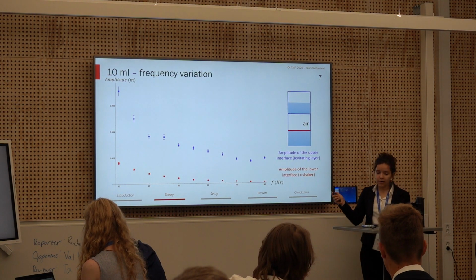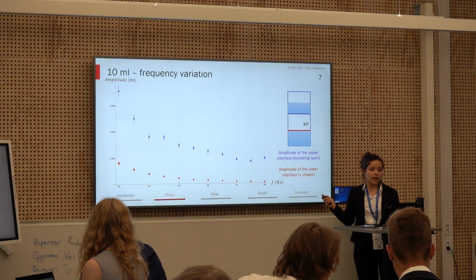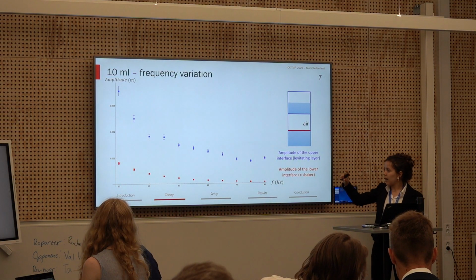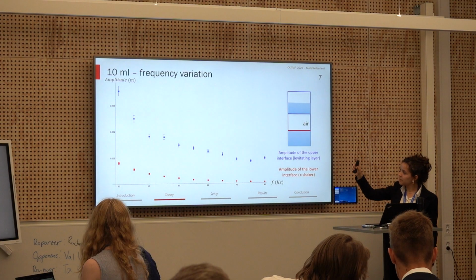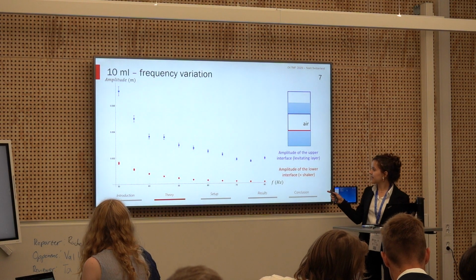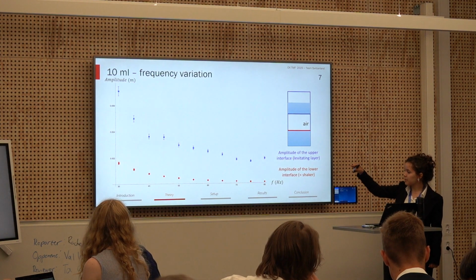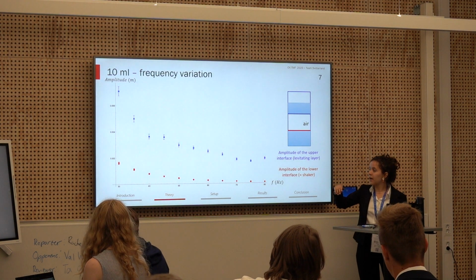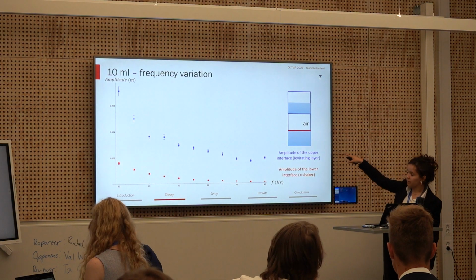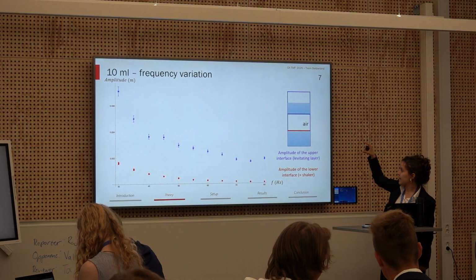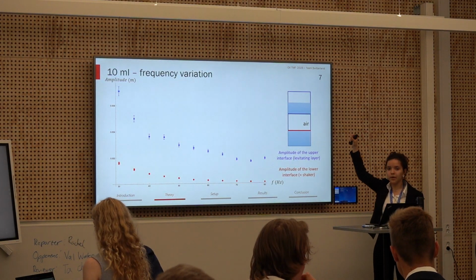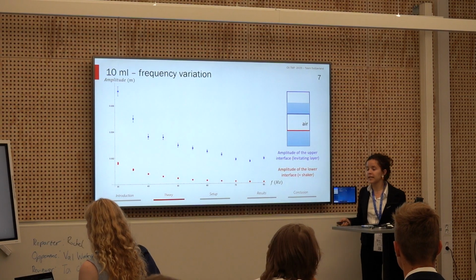So here you can see our results by injecting 10 millimeters of air. With that specific volume, we then changed the frequencies, and as you can see, there is a great difference between the amplitude of the lower layer, so the interface you have there before, the normal state of the liquid and the air above, and the case of the upper interface of the levitating liquid layer.